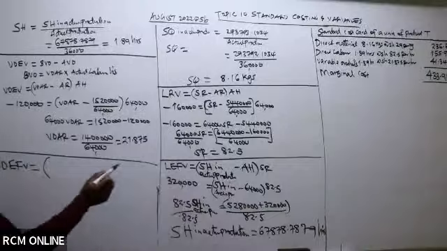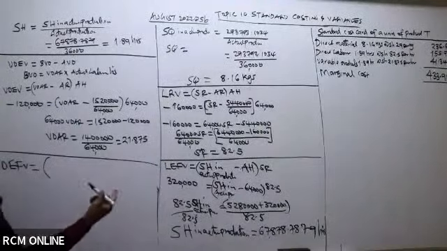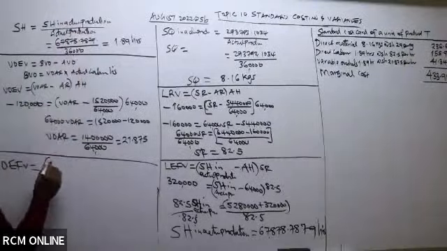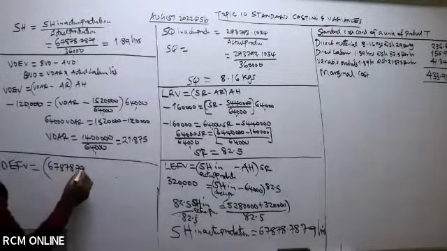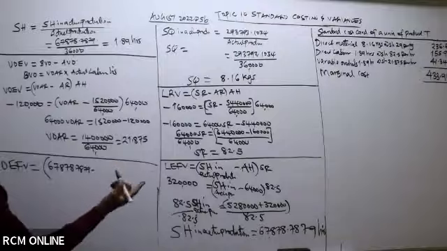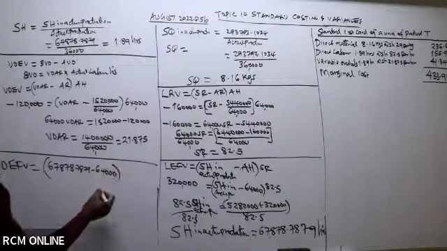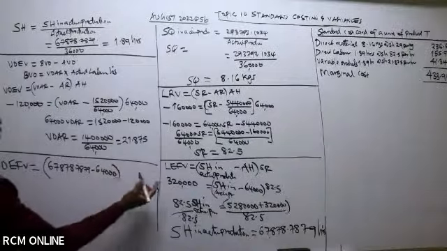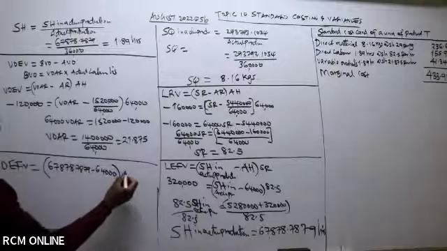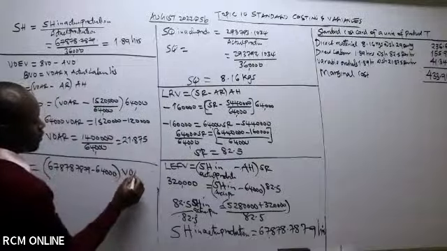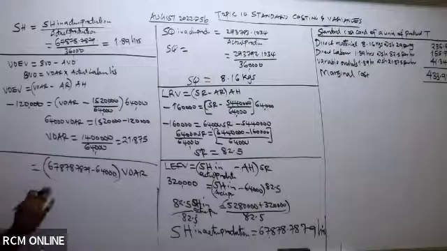We repeat the same thing, standard hours in actual production, which was 678.7879, minus actual hours in actual production, which was 64,000, right? Then we multiply by standard rate. For the variable overhead efficiency variance, standard rate is the same as variable overhead absorption rate, which is the unknown.